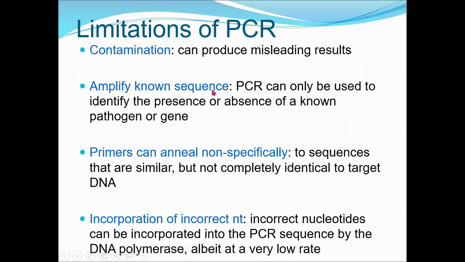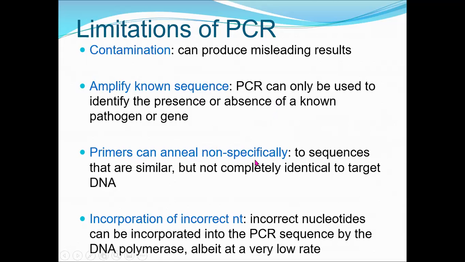Then one of the important limitations is that it can only amplify known sequences. For a novel or unknown sequence, if you don't know the sequence, how will you design the flanking primers? So it is one of the drawbacks. Then the next is that primers can anneal non-specifically.